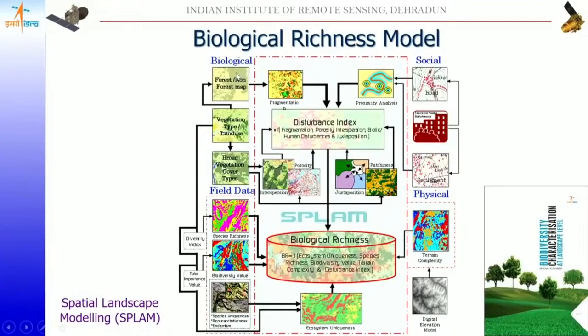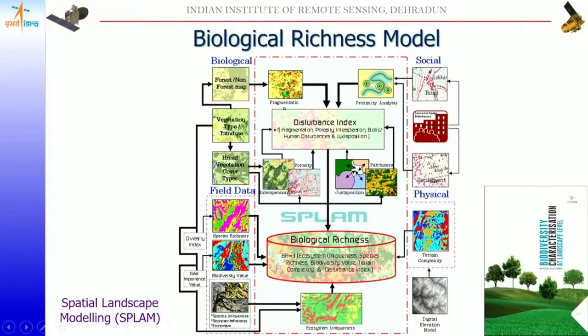Another parameter is the biological parameter categorized here, and based on the ground inventory we can classify the broad patterns of the vegetation in terms of the cover classes as well as the different vegetation type classes. From the vegetation cover we can analyze the patterns of fragmentation and proximity.